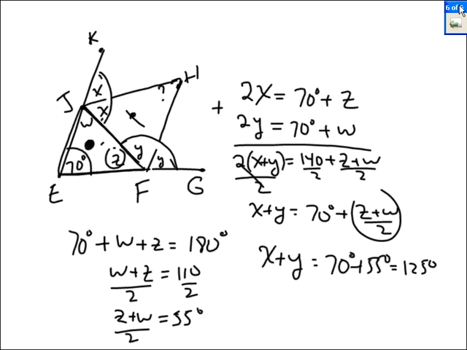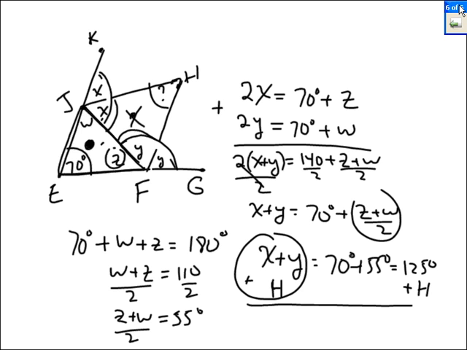But looking at this triangle where I just put the X, it has angle X and Y, which add up to 125. And H is what remains. If you add H to both sides, when you add up those three, you're supposed to get 180 degrees. They're the three angles of a triangle.